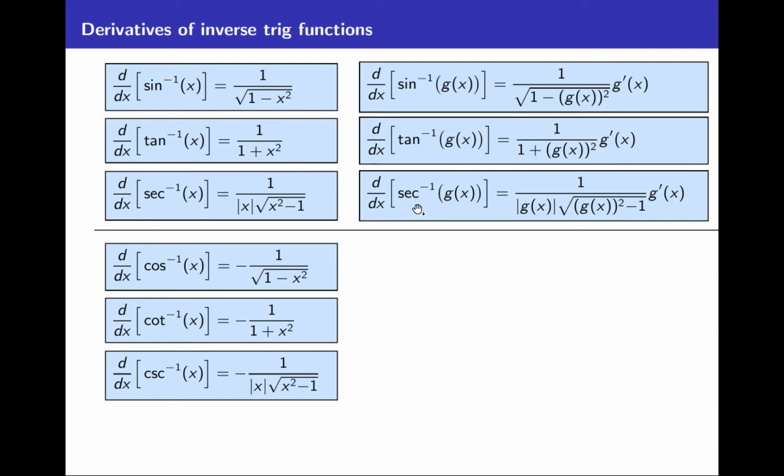The derivative of secant inverse of g of x by the chain rule is 1 over absolute value of g of x times the square root of g of x squared minus 1 times g prime of x. That is just plugging in a g of x here and here and multiplying by g prime of x.